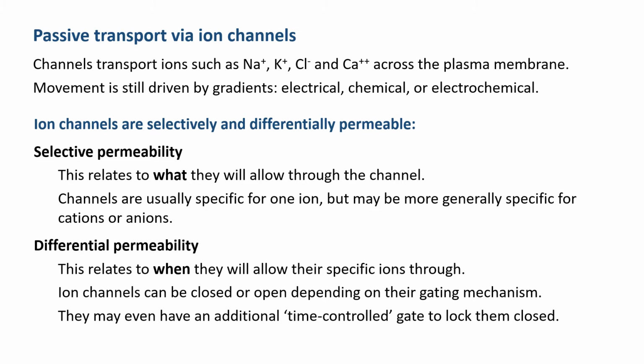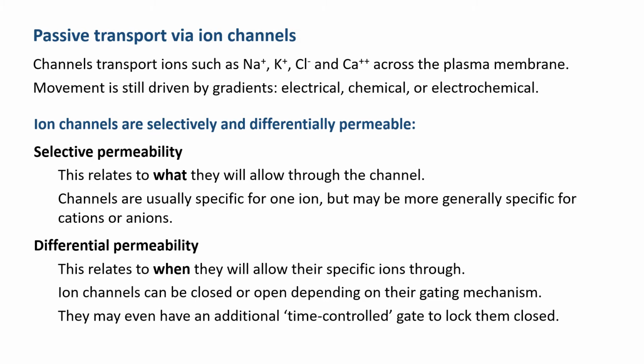Differential permeability is about when. When are they going to allow the ions through? So ion channels can be closed or open. And that depends on gating mechanisms. They have different gating mechanisms that can close them or open them depending on the stimulus.